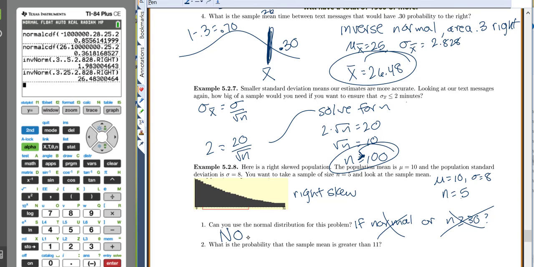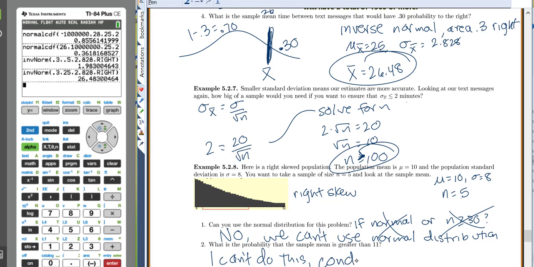So no, we can't use the normal distribution. So when I say what's the probability that the sample mean is greater than 11, I would say I can't do this, because the conditions are not met to use the normal distribution.